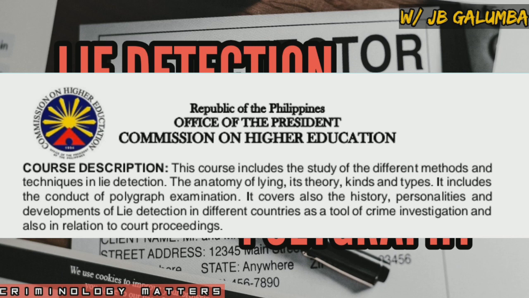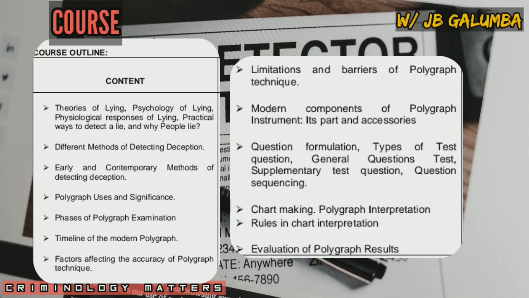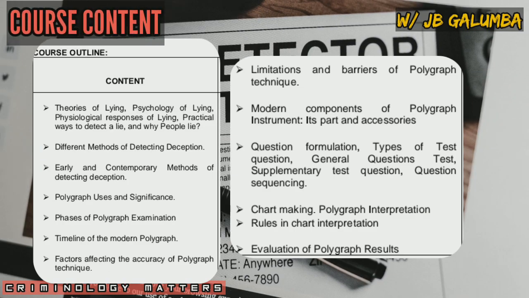We can call that the summary of the things that we should be discussing under lie detection techniques. But of course, we will still try to go part by part through the things that we should be discussing. I made mention that we will be discussing the theories of lying: why do people tell lies, and so on.